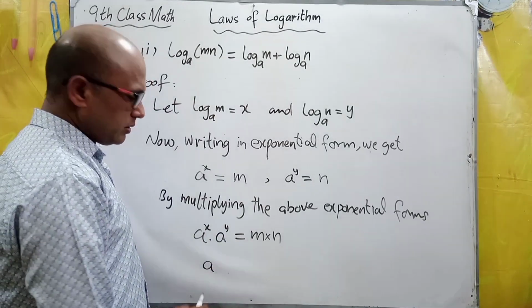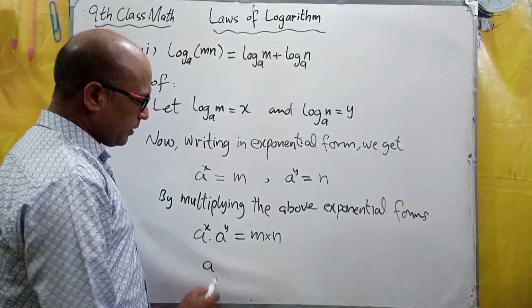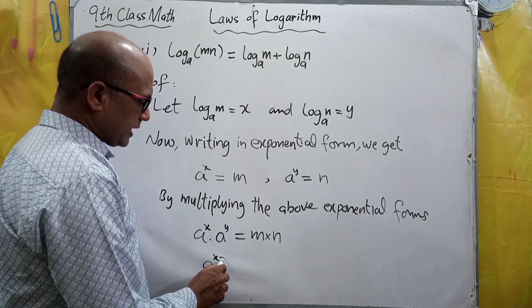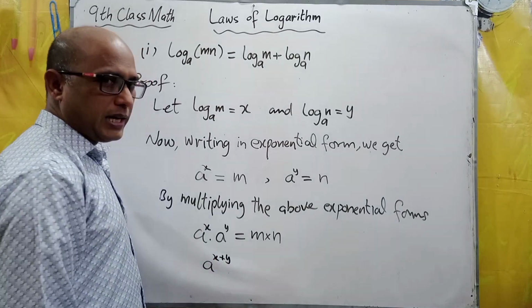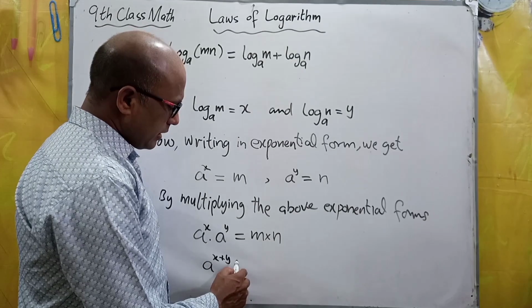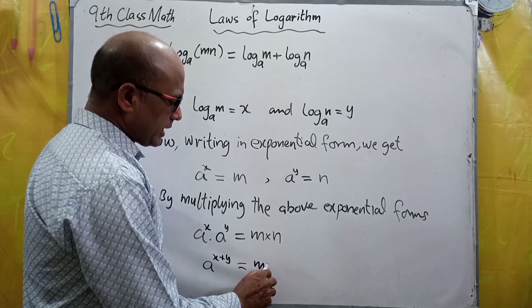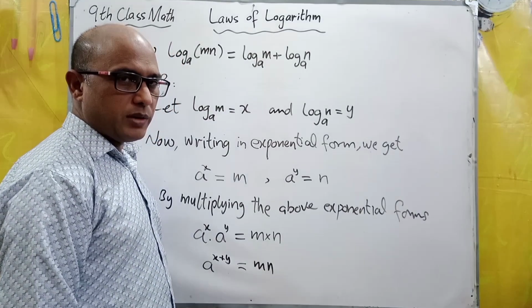So a and a both are same, their exponents will be added, it will become x plus y, and on the right, m multiplied by n will become mn.